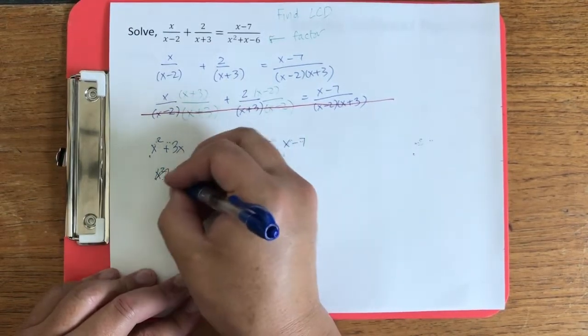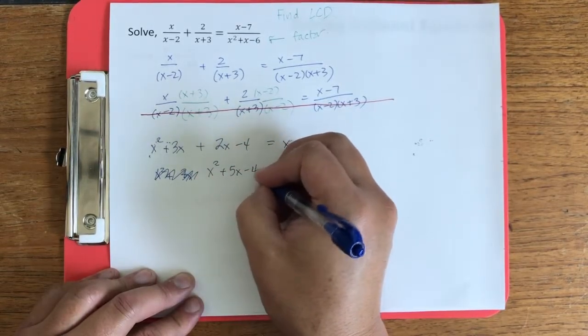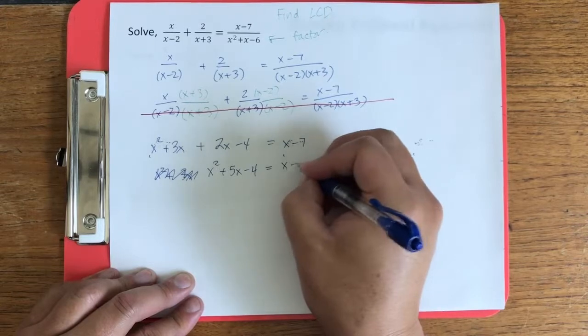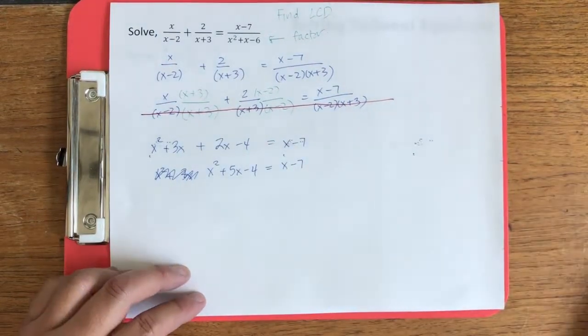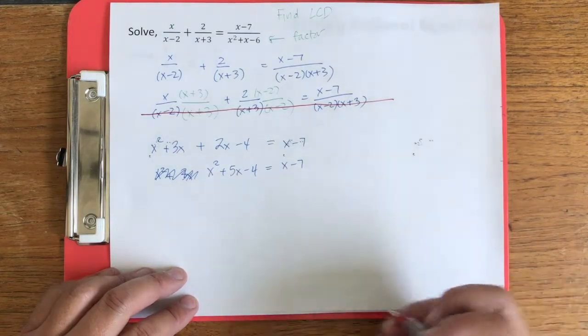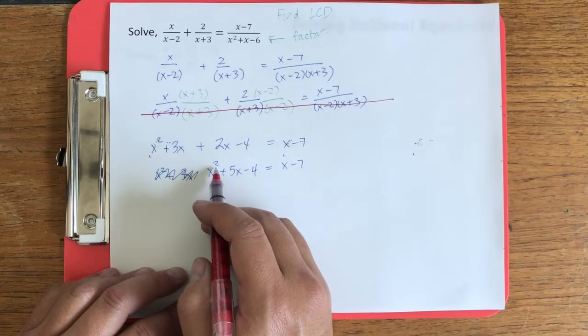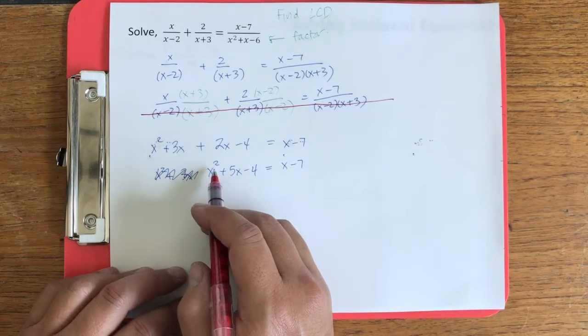Oh, I'm sorry. Okay. Now, this problem is different from the previous page's problem because we have a quadratic. We have something that's degree 2 here. We don't have a linear equation.